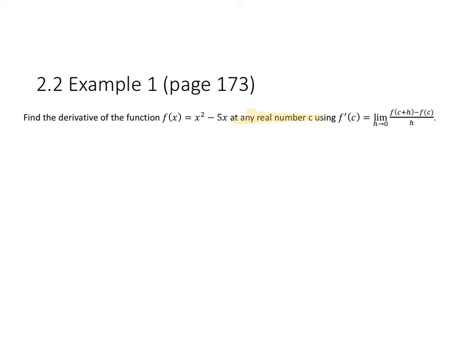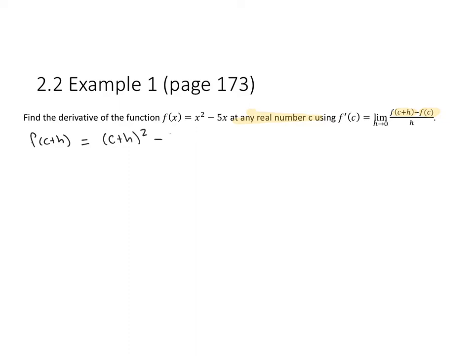Now, there are a lot of pieces to this equation. The first piece we see is f of c plus h. The next piece we see is f of c. So I'm going to rewrite my function as c plus h and c. So let's start with f of c plus h. Everywhere I see an x, I'm going to plug in a c plus h.